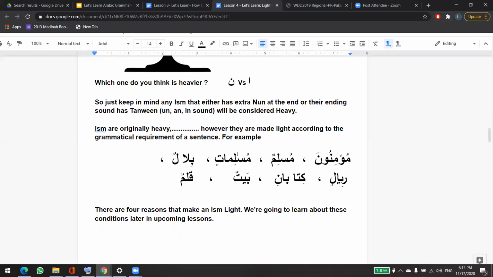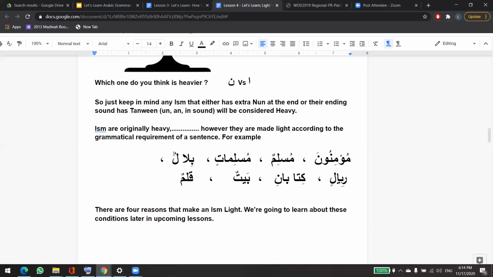Okay, so originally, these are all heavy ism. Look, Mu'minuna has extra noon sound over here. Muslimun has tanween. Muslimatin, two kasra, so tanween.